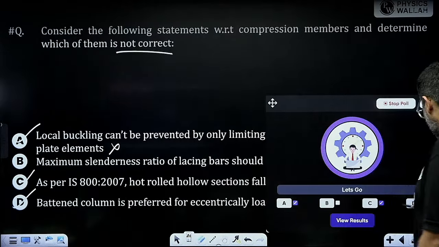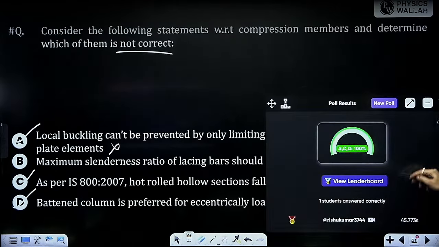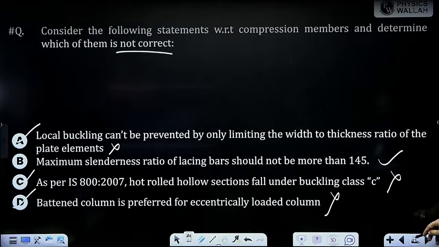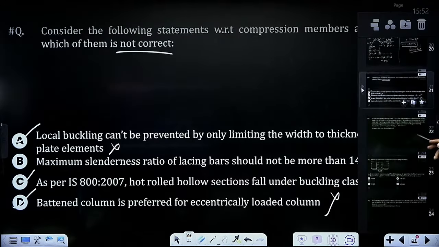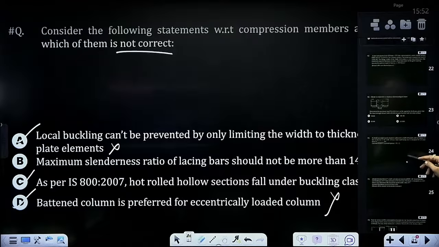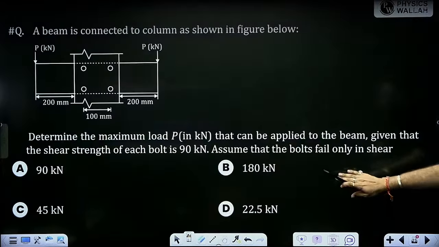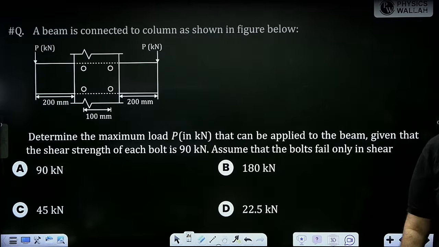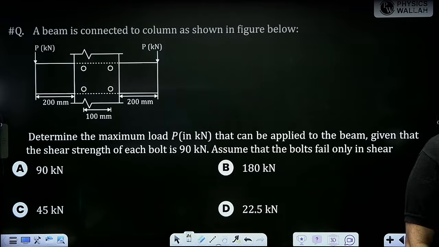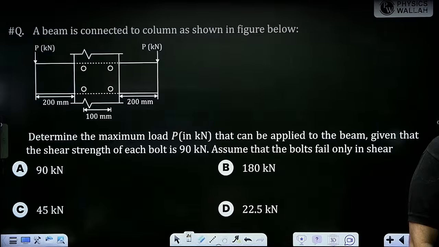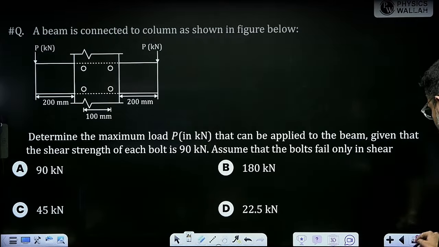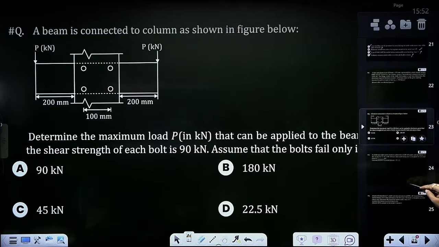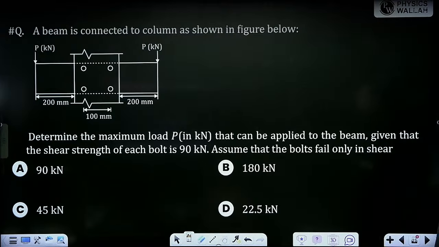These kind of questions you can very much expect in your exam. Rishu Kumar has given me the correct answer. Very good. Let's proceed. Tell me the answer of this question. Make it fast, please. Tell me the answer of this one as well. Very simple question. Tell me the answer here.